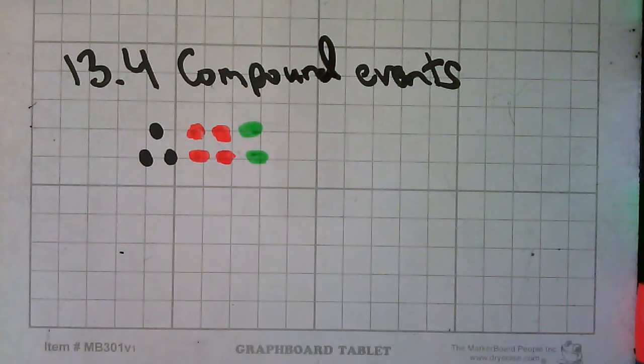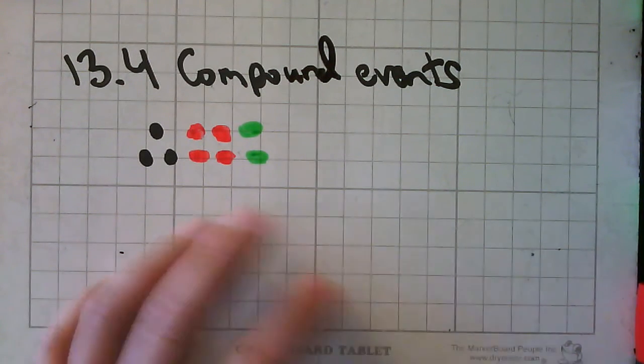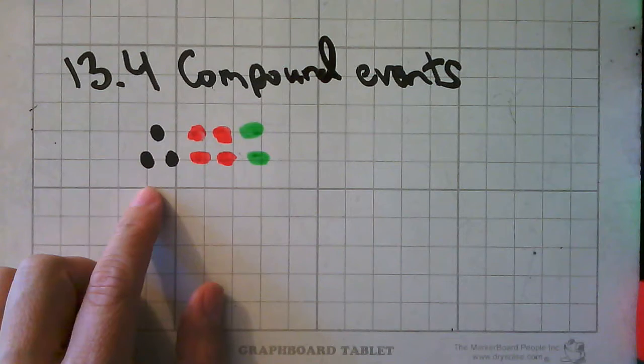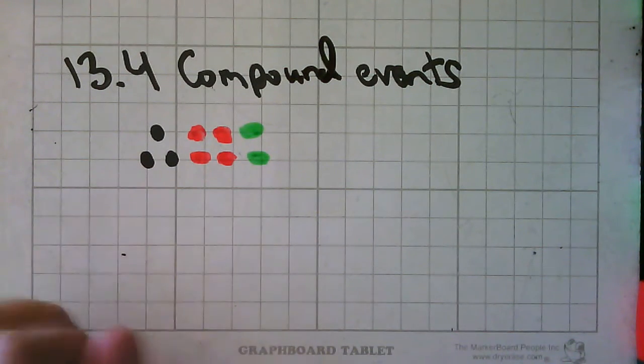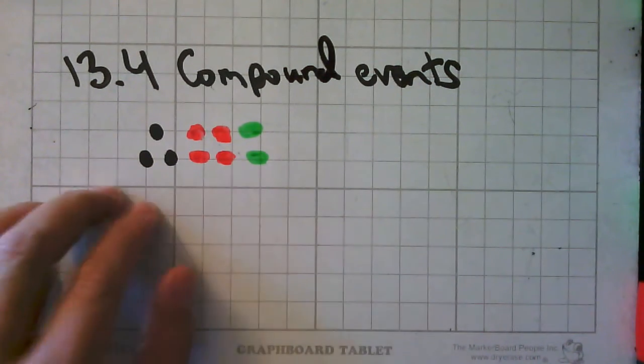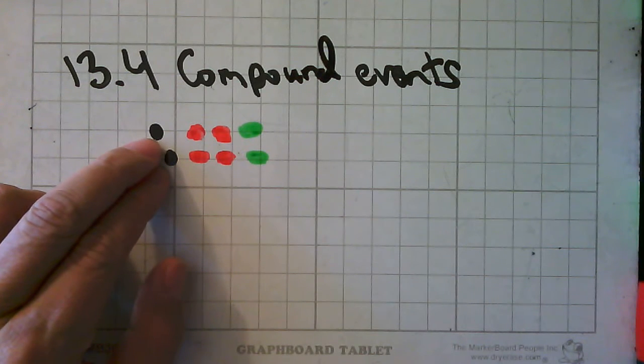The first thing you need to know is if something is dependent or independent. So if I took 2 turns and the first time I picked a marble, let's say I picked a black one, and the second time I'm going to pick again out of the bag.